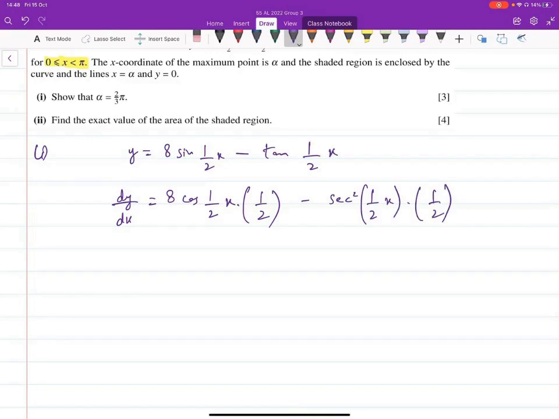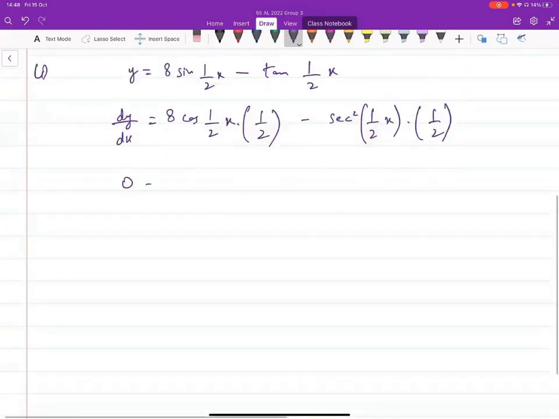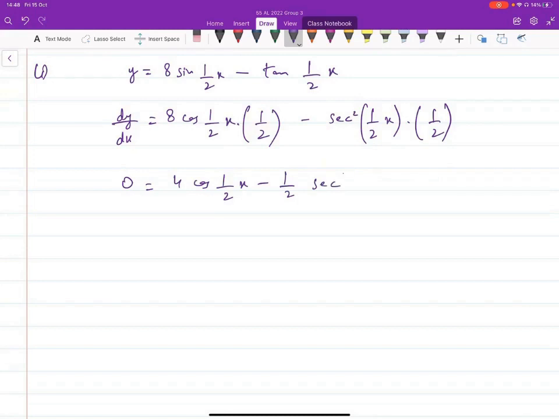Okay, we put this equal to 0. Derivative equal to 0 input kar diya. We've got 4 cos half x minus 1 over 2 secant square half x. Looking at cos is being applied on this thing, right? This half x is inside cos.